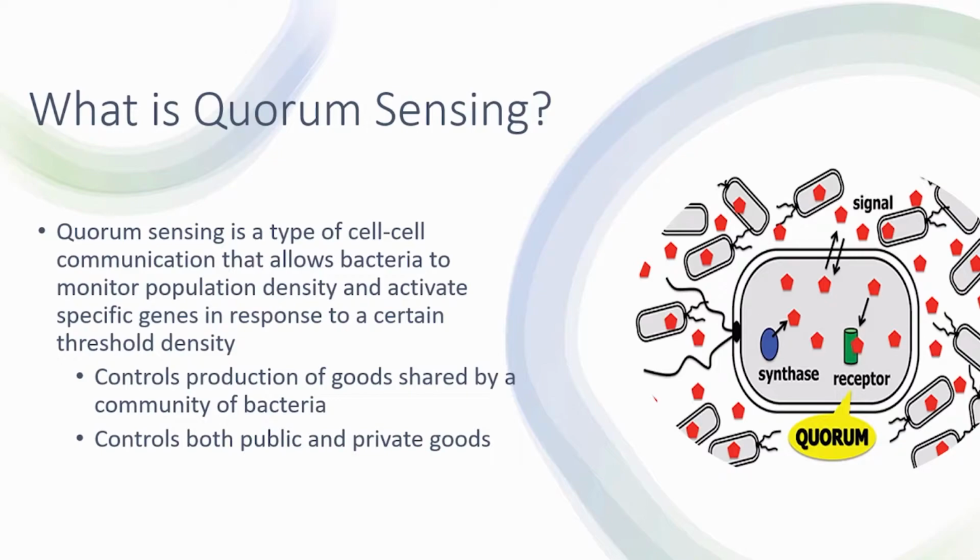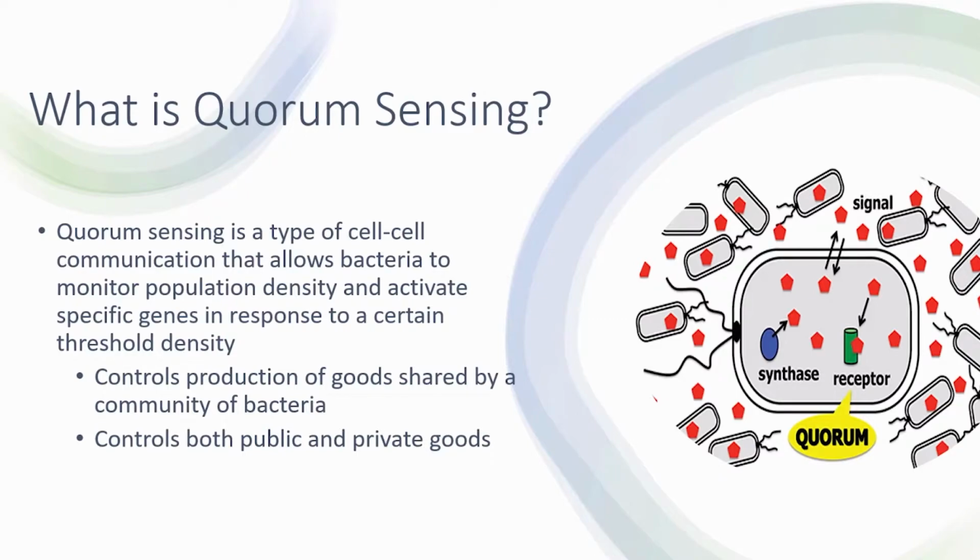If you look at the picture on the right, there are these little red pentagon-looking things. Those are chemical signals. This is the form of communication that the bacteria use. These little chemicals leave the cell and re-enter cells and reach a receptor. If there are enough of these chemical signals, the receptor will send messages within the cell to activate specific genes to produce an enzyme or a protein that will eventually leave the cell.